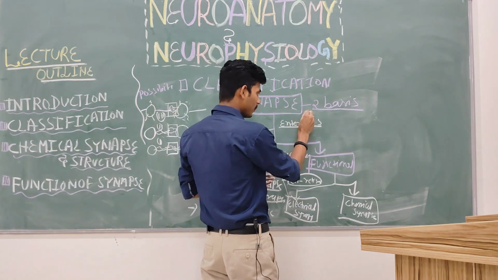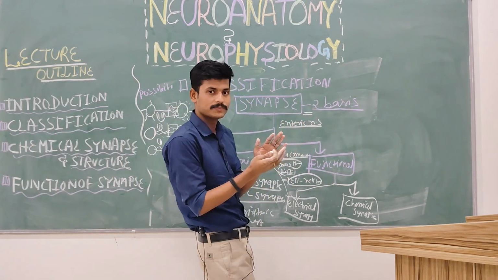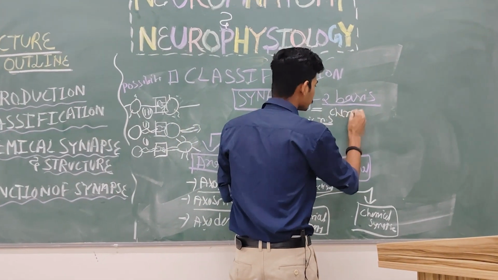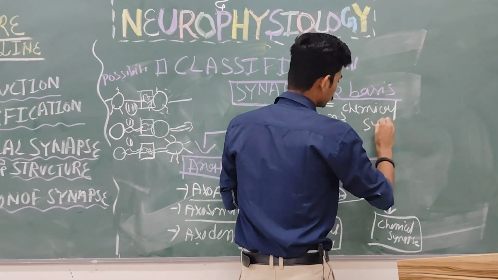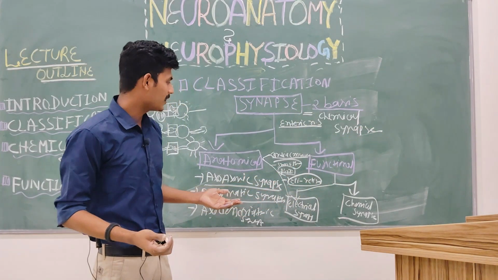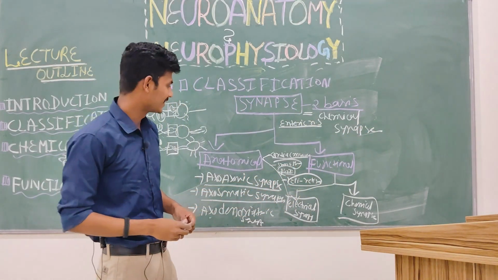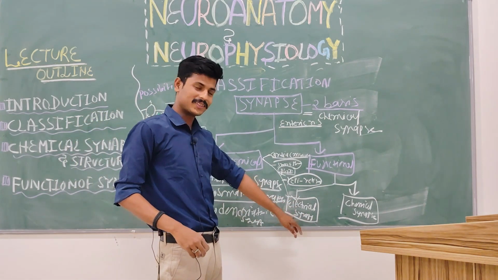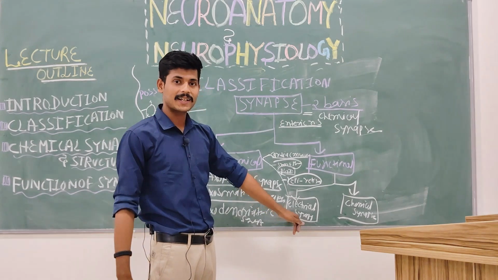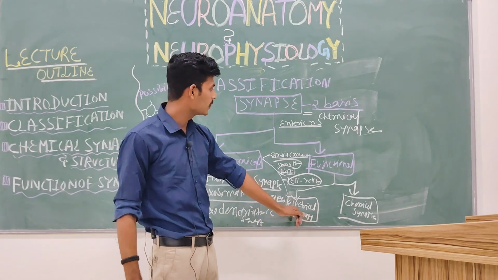Write down: from now onwards, the word synapse is synonymous with the chemical synapse. It's a human tendency to encounter the commoner things, but the electrical synapse is also present. Don't forget it. Understood? No problem.